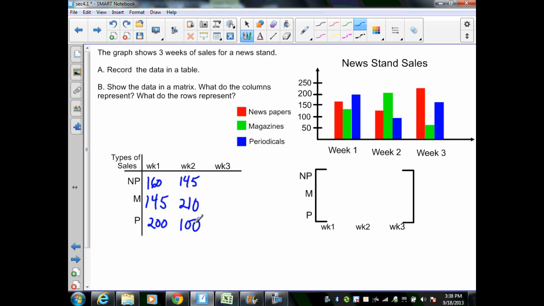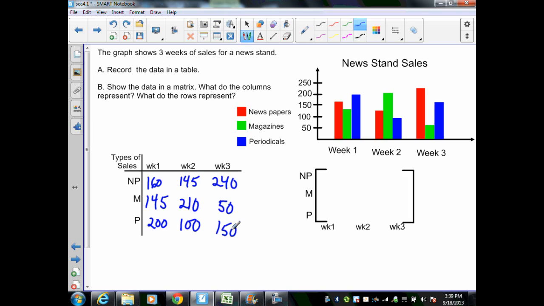And for week 3, I have newspapers pretty close to about 240. My magazines are going to be about 50. And my periodicals are going to be close to 150. These are just estimations by my graph.